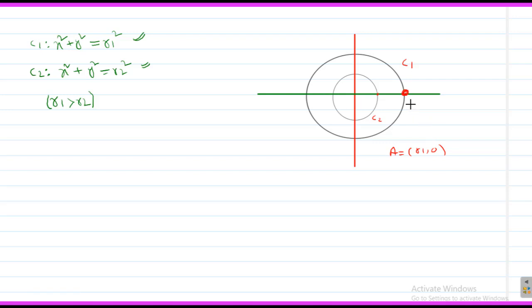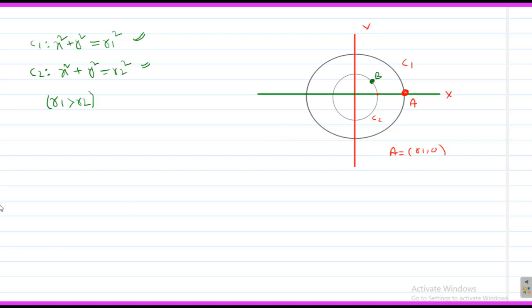This is a point on C1 whose coordinates are (r1, 0), meaning the C1 circle radius is r1. So this is the x-axis, this is the y-axis. Here only is the point A. So this is the fixed point on C1, and one variable point is taken on C2 somewhere. For example, this is the variable point B.